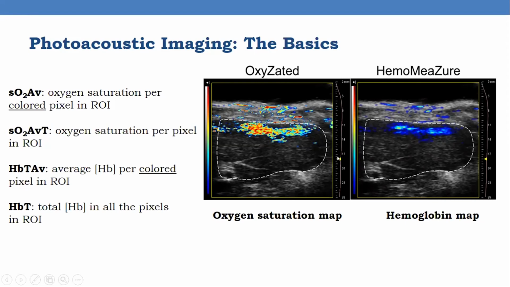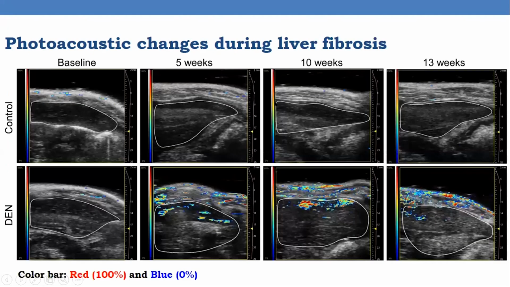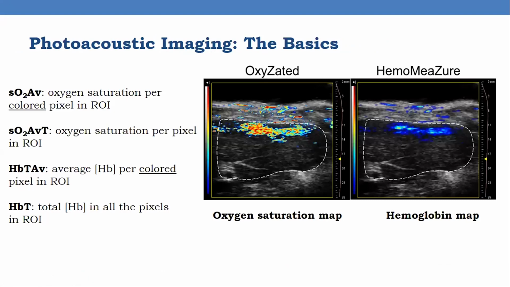For display purposes, we will be using only the oxygenated type of the liver tissue. In photoacoustic imaging, we have four different parameters, namely SO2 average and SO2 average total.